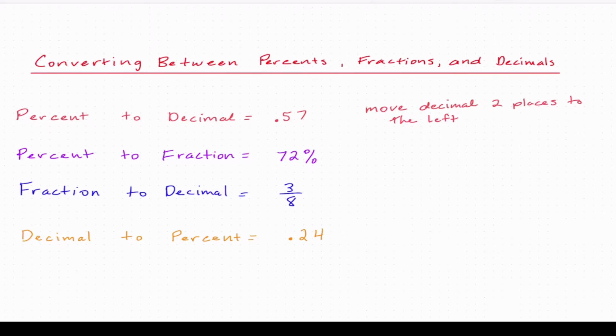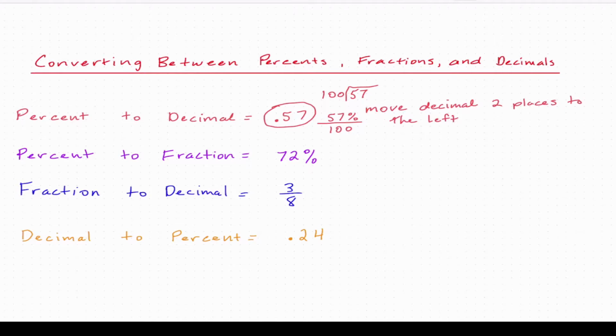That would be the same thing as 57 out of 100, so if I took 57 divided by 100 and divided all that out, I would get 0.57. Instead of dividing those numbers every time, all we have to do is move the decimal two places to the left. That's the shortcut for that.